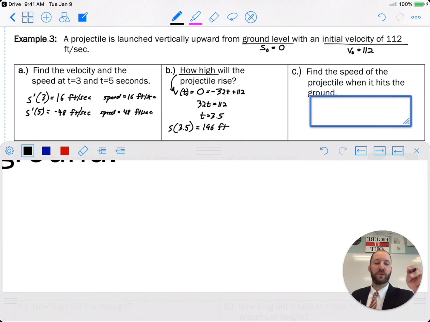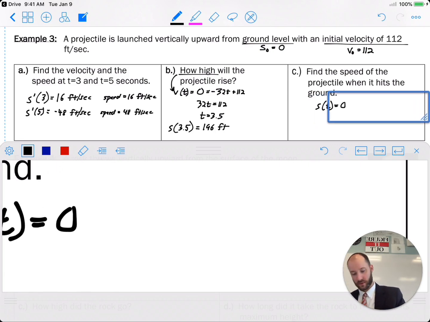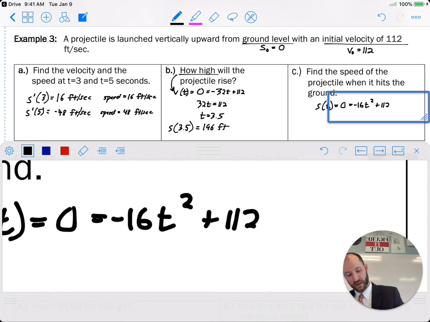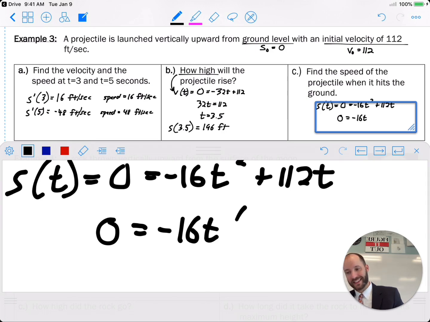Now find the speed of the projectile when it hits the ground. Now when it hits the ground, its height is 0. So your position s of t, set that equal to 0. So 0 equals negative 16t squared plus 112t plus s naught. S naught is 0. So solve for t, you can factor 16t out from both sides.